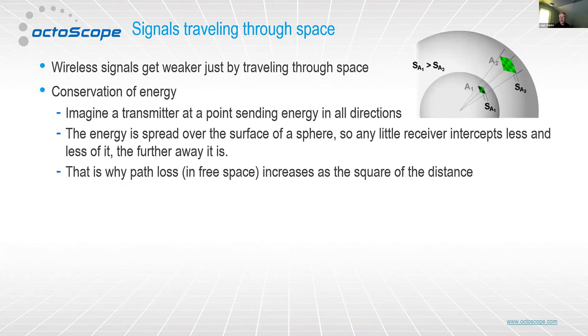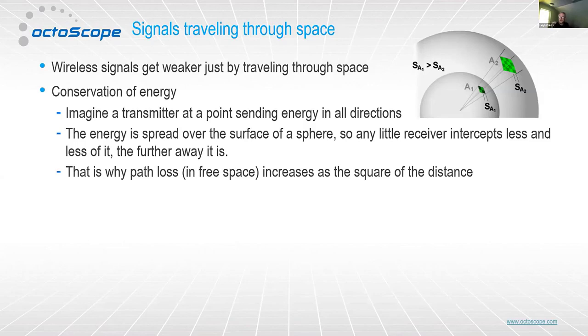When a transmitter transmits energy, you can think about the simplest possible way that it could do that would be to transmit energy in a sphere. So just in every direction all at the same time. And as that energy moves out, the sphere gets bigger and bigger.